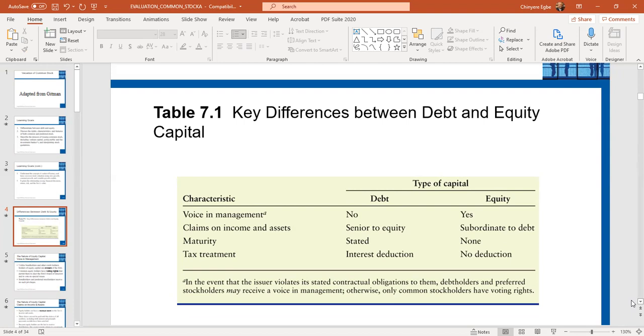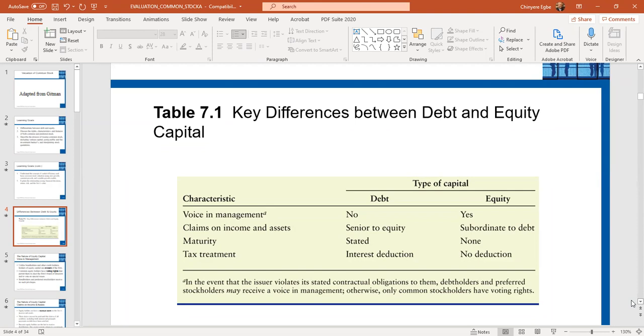The equity holders do. In the event of liquidation, the bondholders, those who hold debt, will have the first claim to the liquidated assets of the company, and equity holders are subordinated to the debt holders.